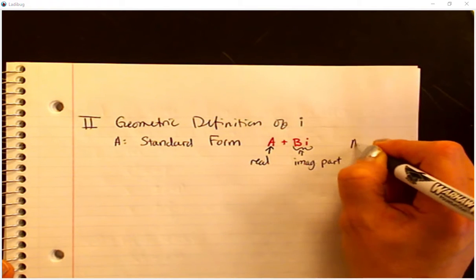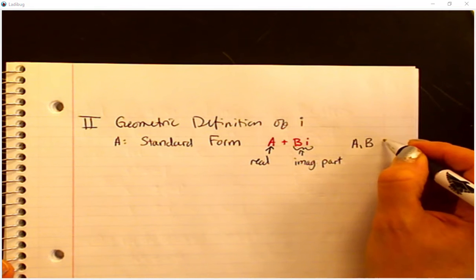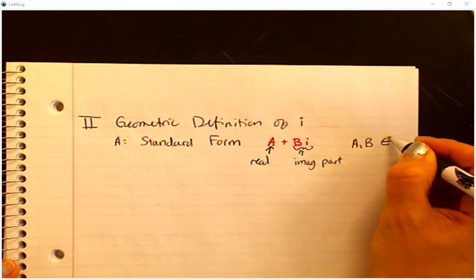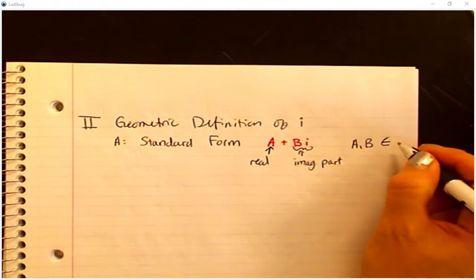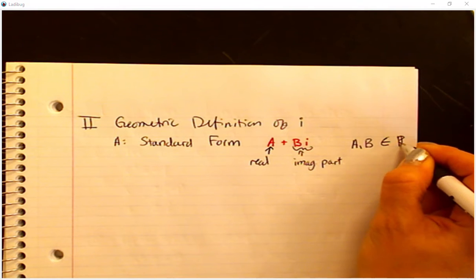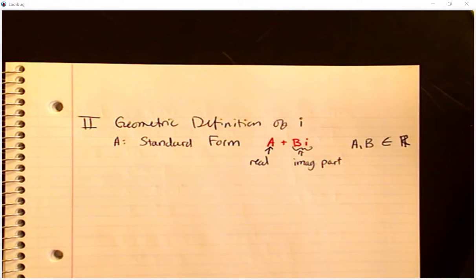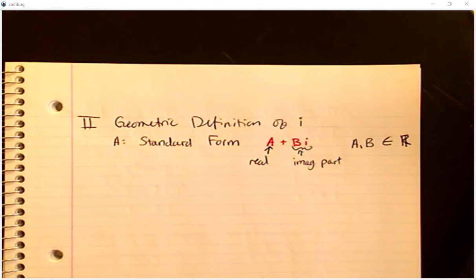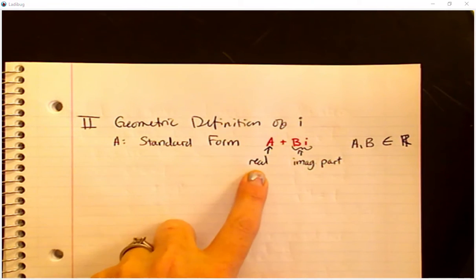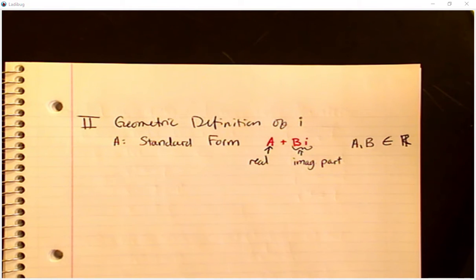Where A and B, look at this notation. It looks like a curved E, and means element of the real numbers. It means A and B are real numbers. This is the format that you should be writing your numbers in. So far, you've just seen examples that have a coefficient in front of your i's. Now we're going to start adding a second part, a real number in front.